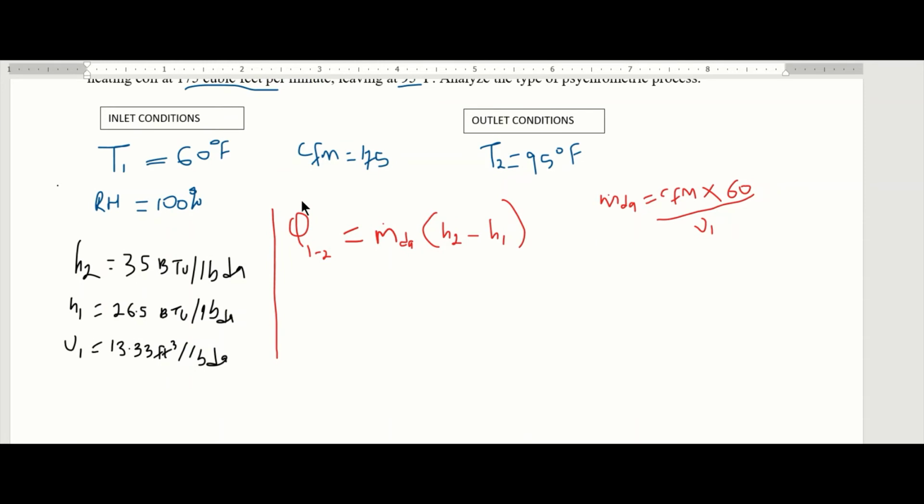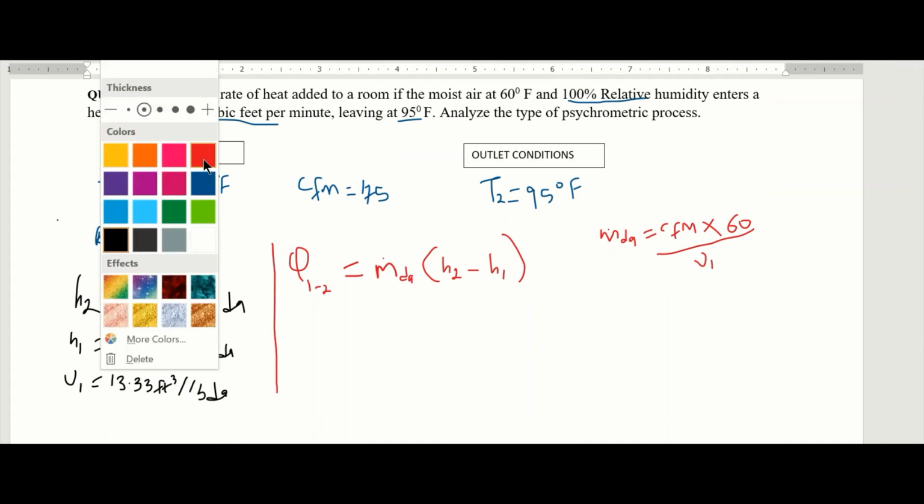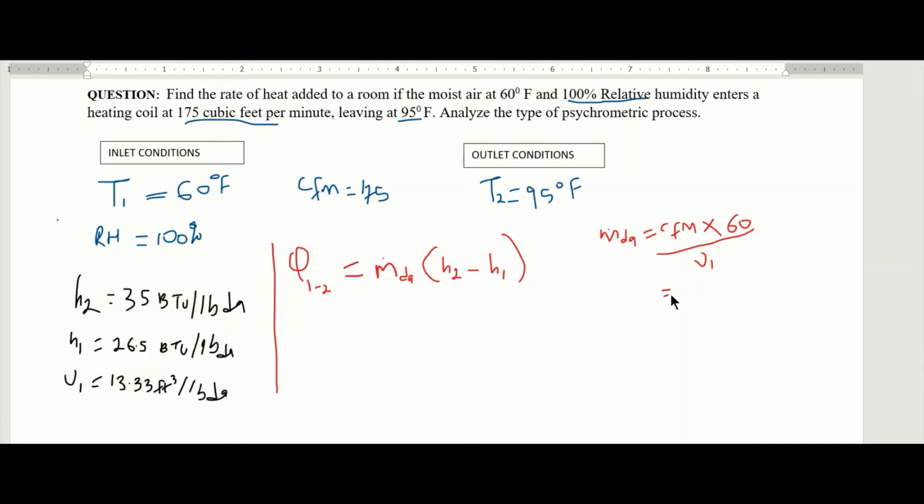What next is to solve our equation. So we put in our values. Our mass flow rate is equal to CFM, which is 175, times 60, divided by our V1, which is 13.33.